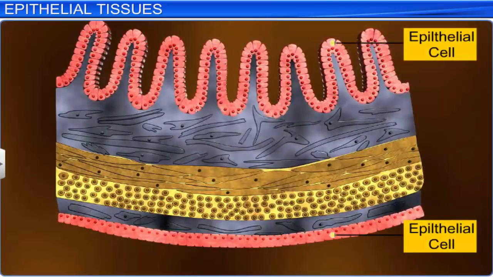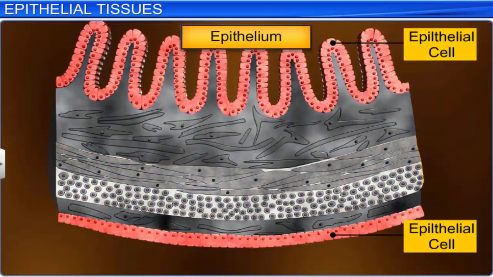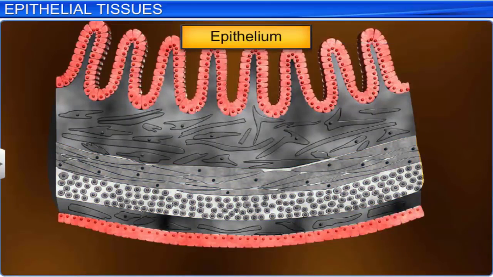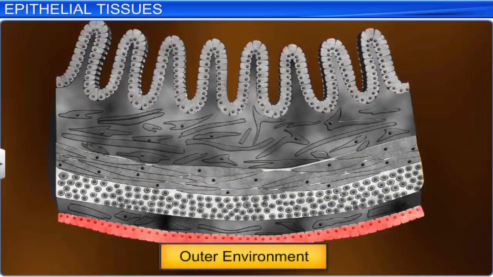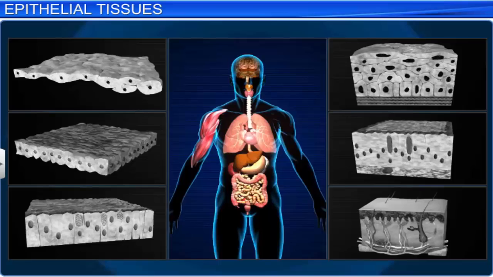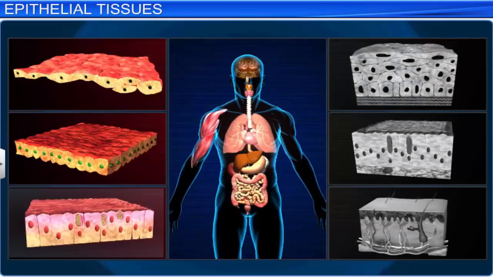Epithelial tissue is commonly known as epithelium. These cells have a free surface, which either faces the body fluid or the outer environment. Thus, the epithelium serves as a lining or a protective covering for body parts.